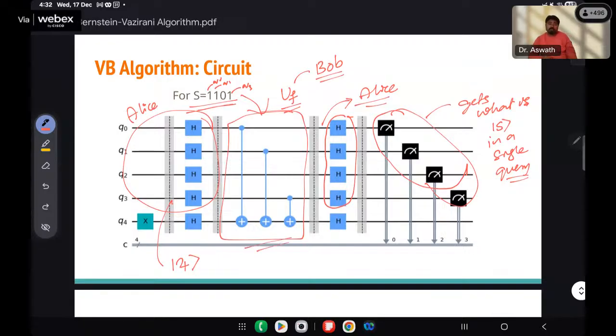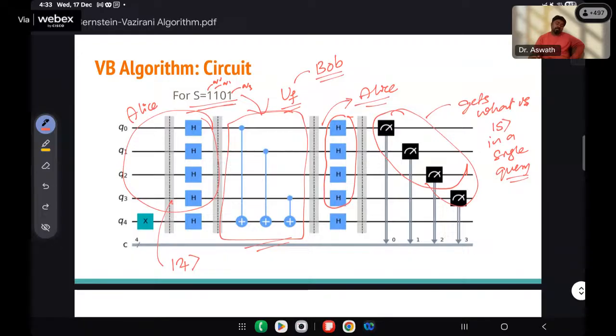We don't have a circuit with us. Bob has a circuit. The only thing he has to do is process the information, the psi I am giving to him, and return the psi output to us, and Alice will analyze the psi output, and she figures out what the shift function is. Okay, right?